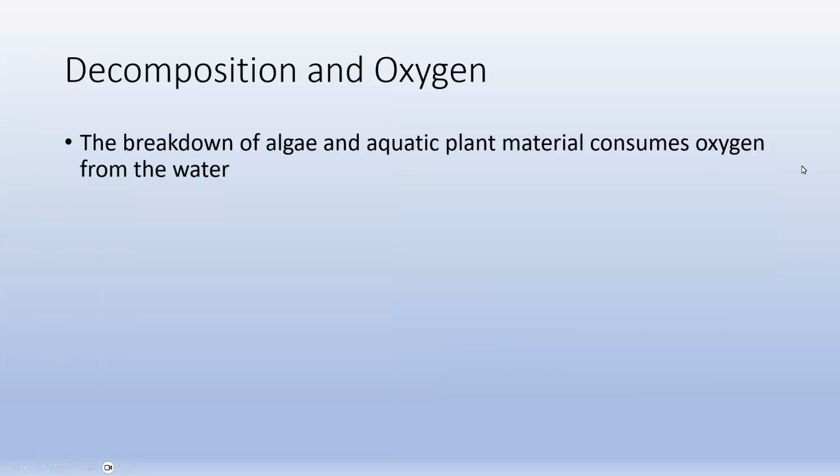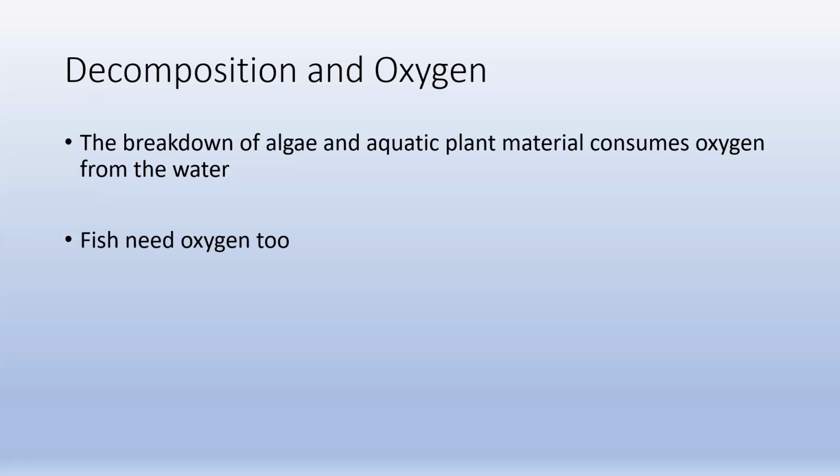So continuing on this, tying back to what I mentioned earlier, when that breakdown of algae happens, those algae and aquatic plant materials are going to consume oxygen from the water, right? Decomposition is a biologically driven process that's going to take out the dissolved oxygen from the water. The thing is, fish need oxygen too.